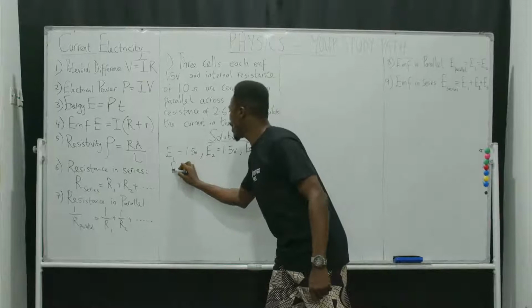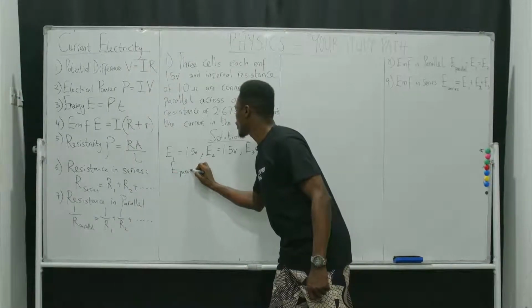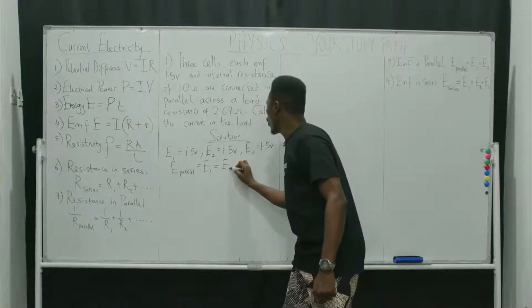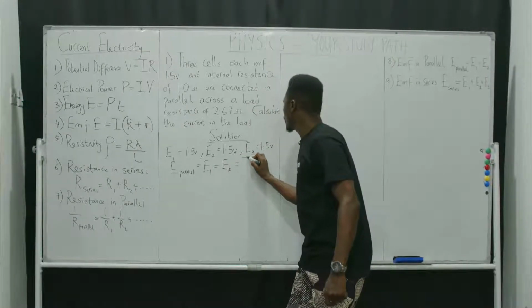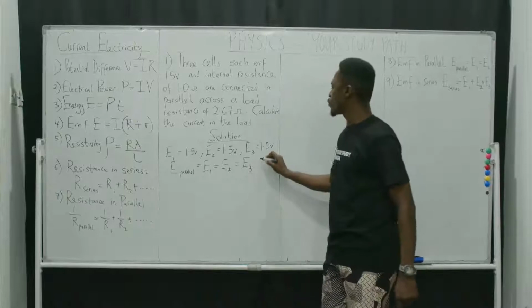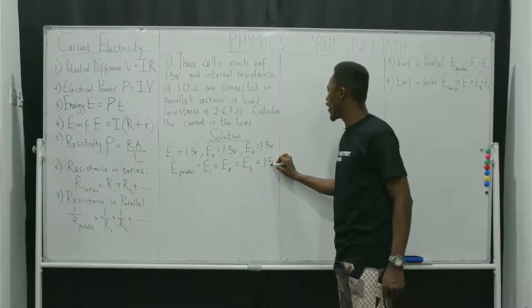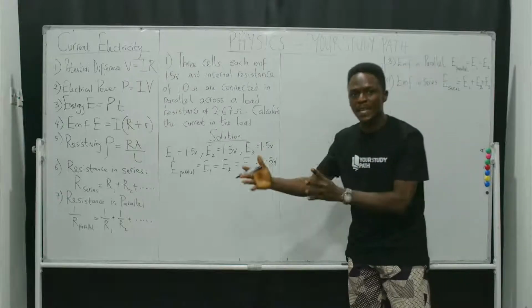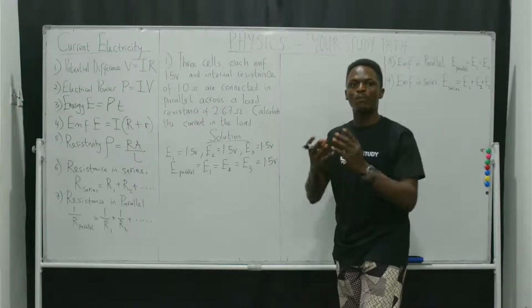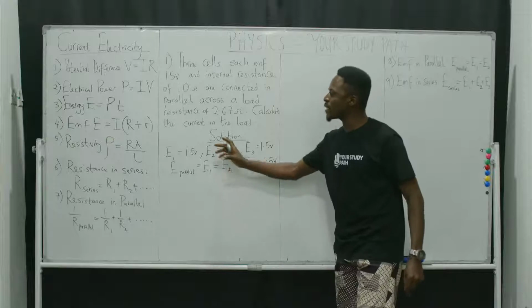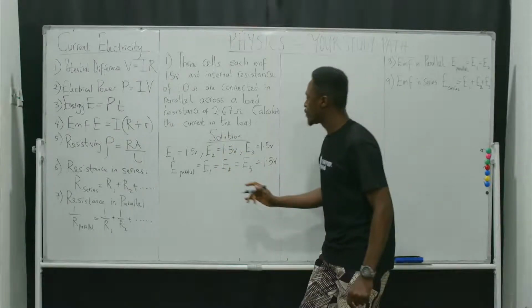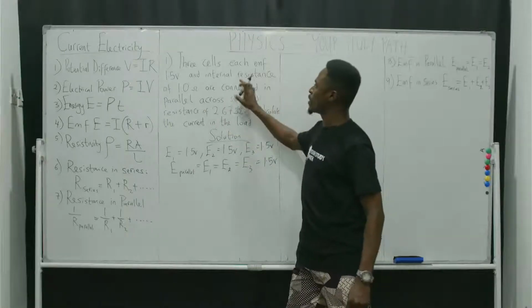We say that EMF in parallel is equal to the component EMF, so it's going to be equal to 1.5 volts. The total EMF in parallel is the same as the value of each constituent cell. We have the internal resistance.